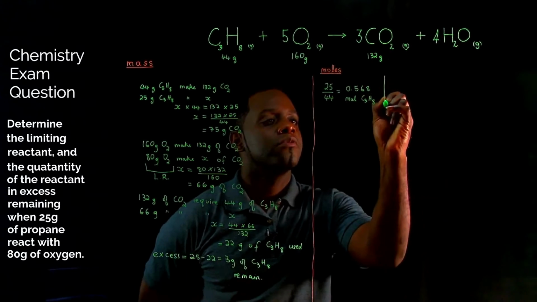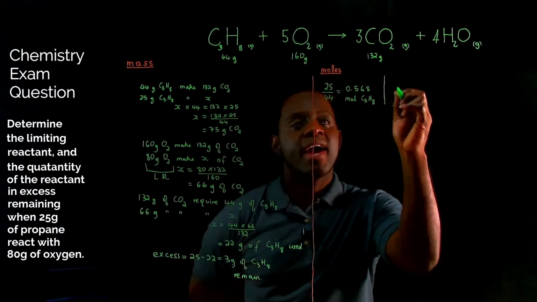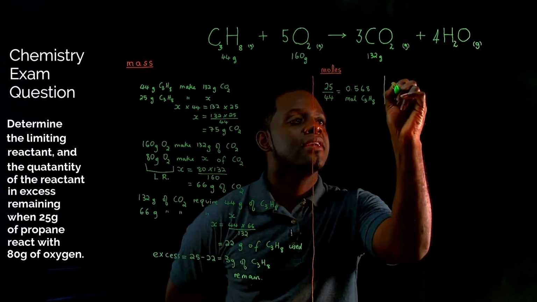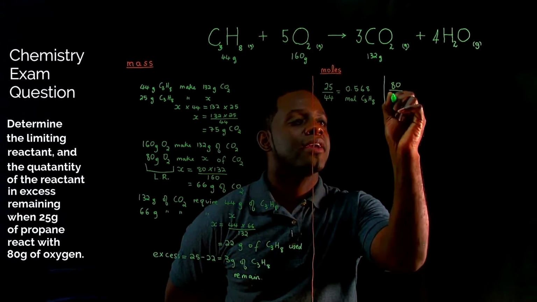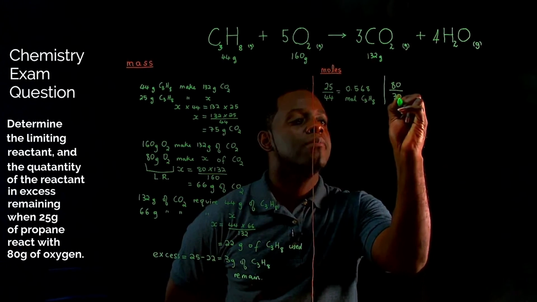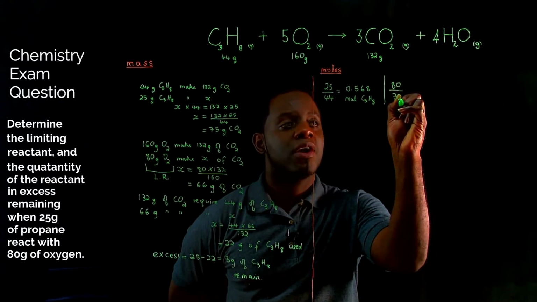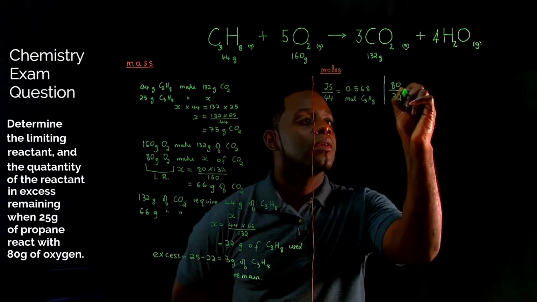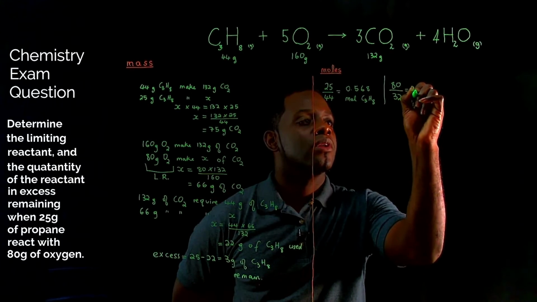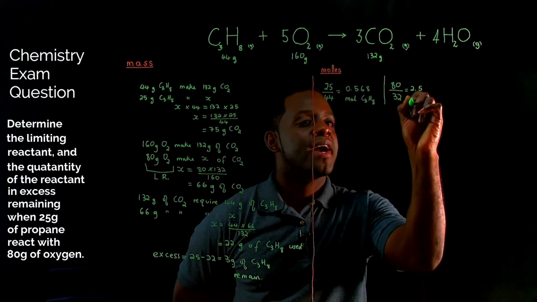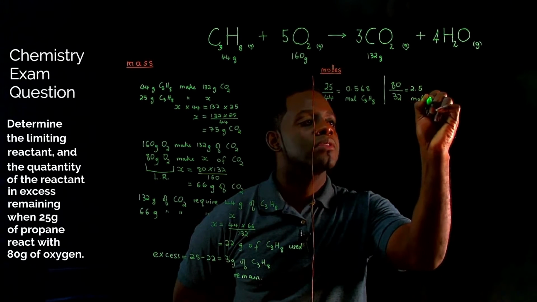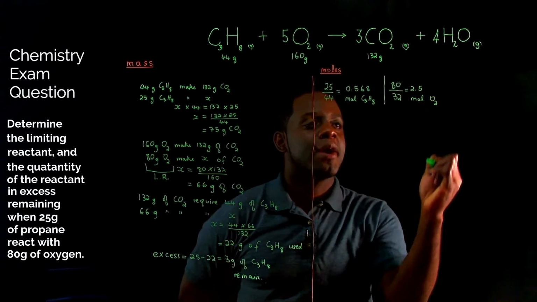And for oxygen, we have 80 divided by 32, the molar mass of one molecule of oxygen, and that gives us a total of 0.5 moles of oxygen molecules.